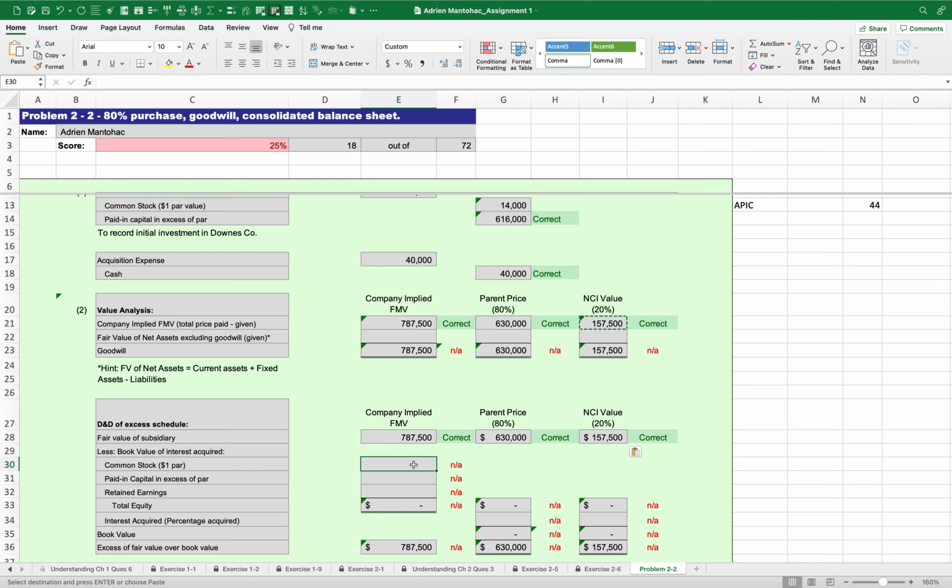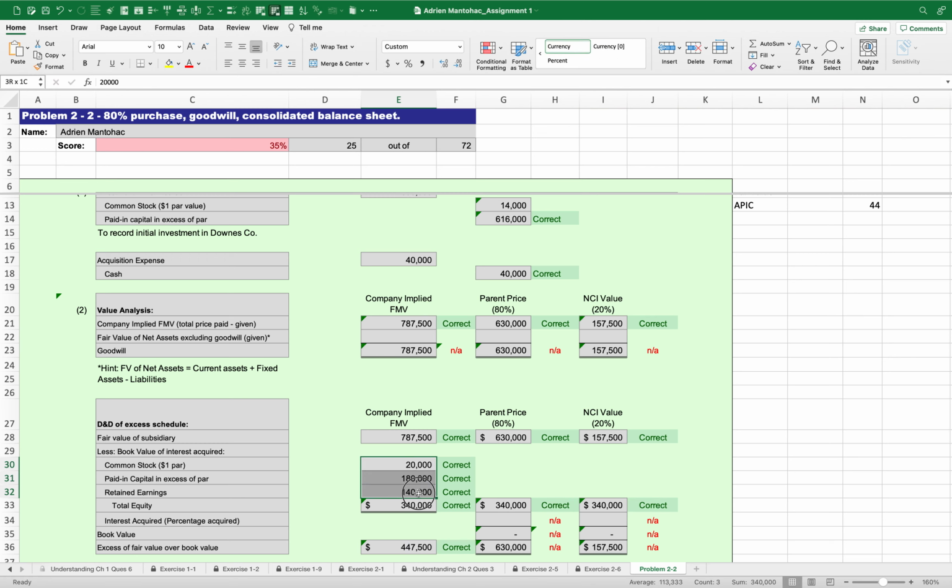What we need to do is first compare that fair value to the book value, right? Book value is what just appears basically in the books of the subsidiary. For them, the common stock line for Downs, for example, is $20,000. The paid-in capital in excess of par is 180. And again, this is all just given to you in the text, so I'm just going to jot it down here this way.